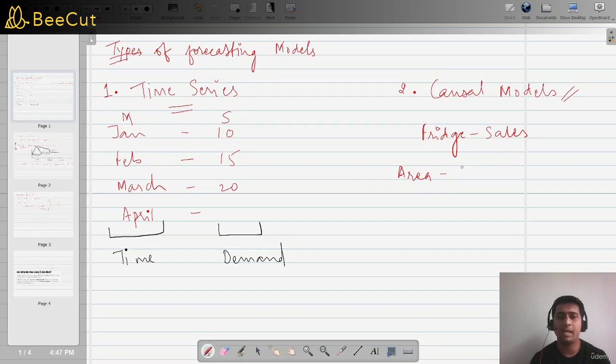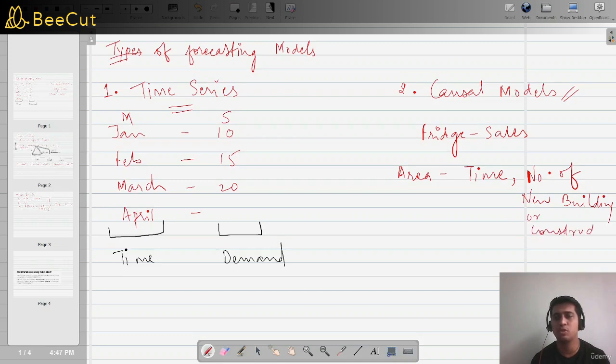Now along with time, which is one of the features for predicting the forecast, we also want to incorporate the number of new buildings coming up, the number of buildings or constructions happening.